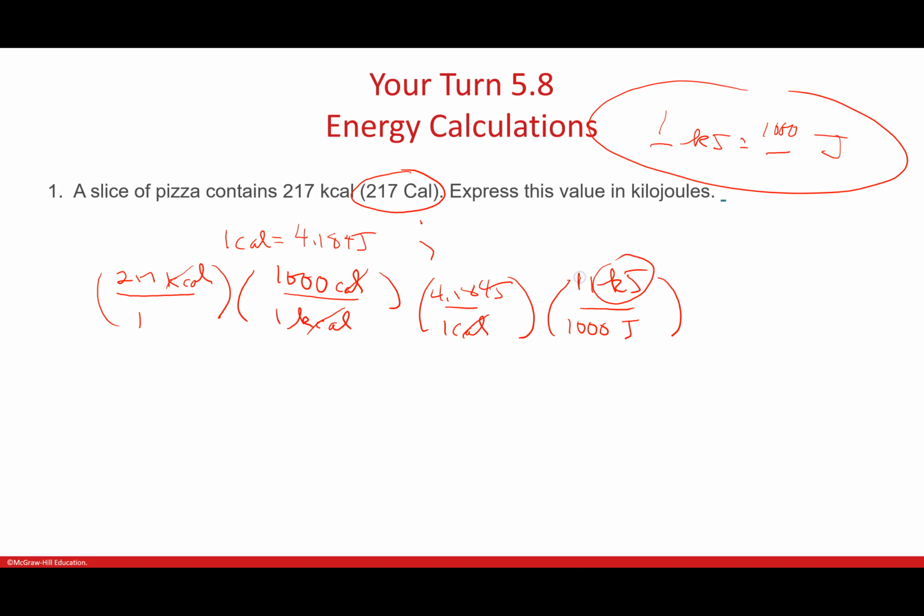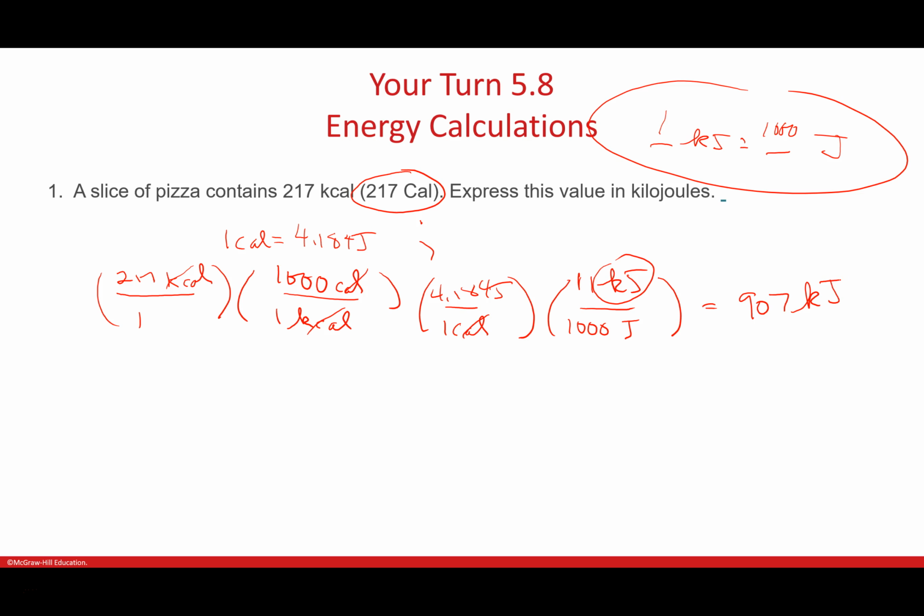If I work it this way, I'll divide or multiply the right way. Can somebody put that in their calculator and give me 3 sig figs? 907. Is it 907? Yeah, kilojoules.